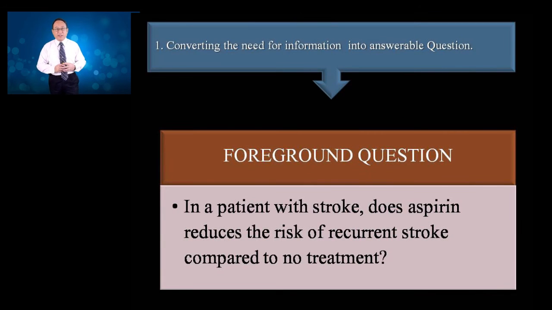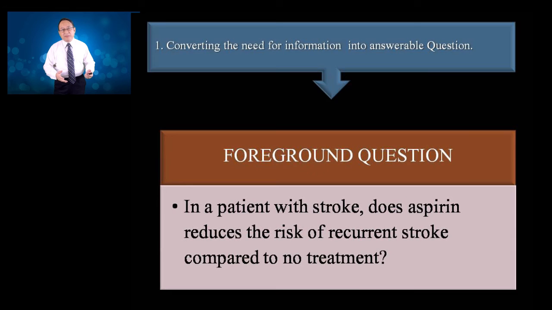Clinical questions, or answerable clinical questions, can be started with, for instance, converting the need for information into answerable questions. A foreground question is, for instance, we have patients with recurrent stroke.